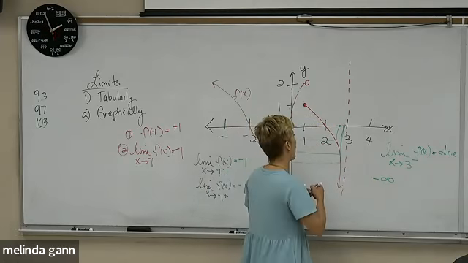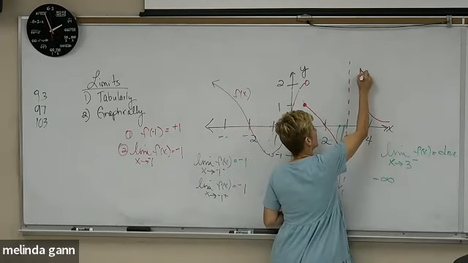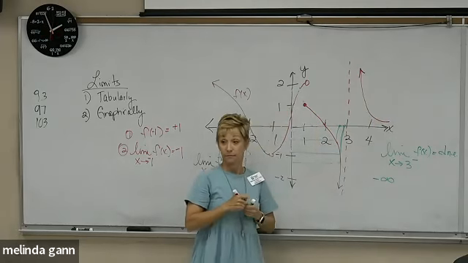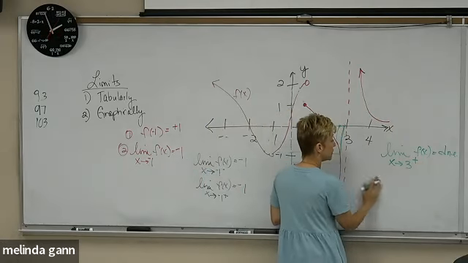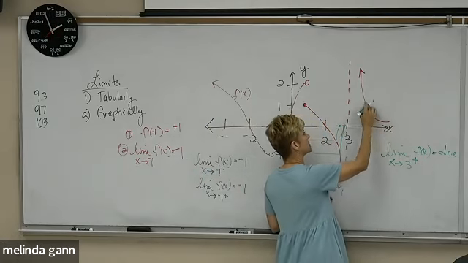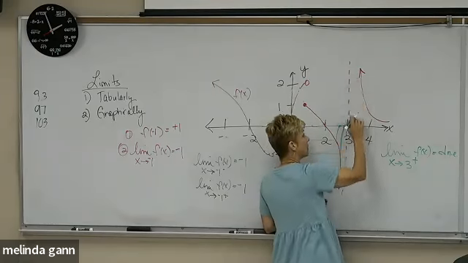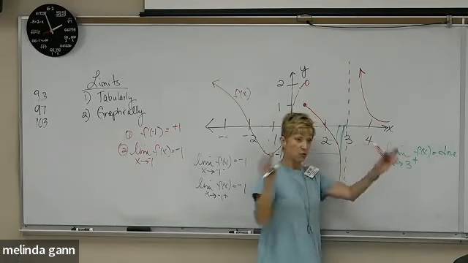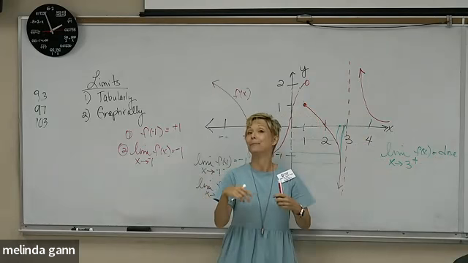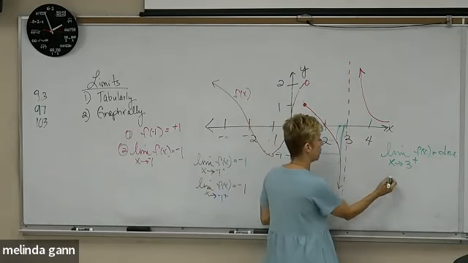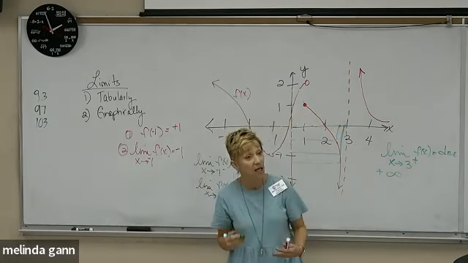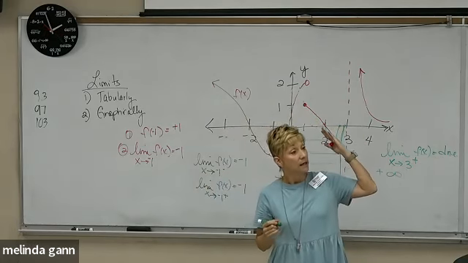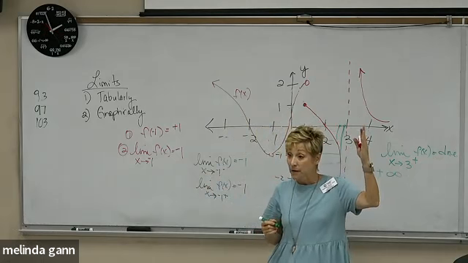Now, what if the graph went this way on the right side? Well, again, then it's just getting bigger and bigger. And so does not exist is right. But a better explanation would be positive infinity. It doesn't exist because the values are just getting bigger and bigger and bigger.